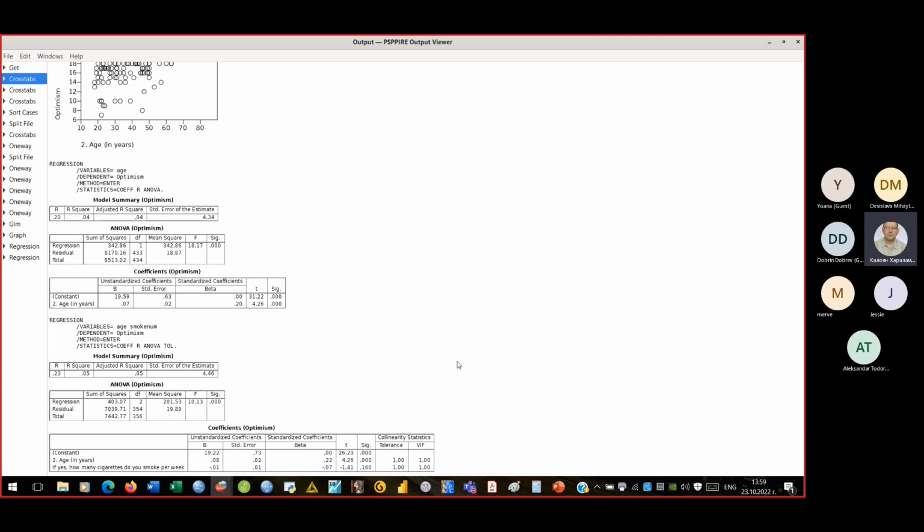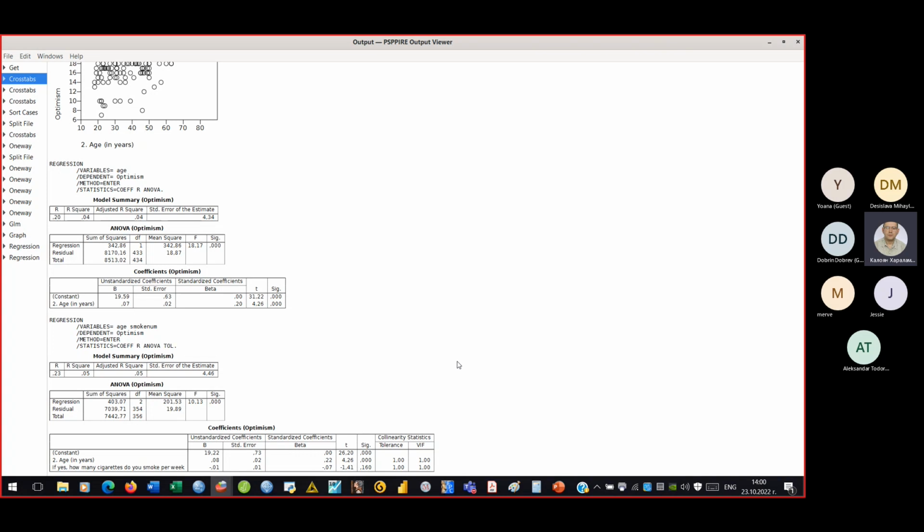This coefficient of tolerance is in fact a coefficient of indetermination, but first the dependent variable, in our case this is optimism, is removed from the model, and one of the independent variables becomes dependent.